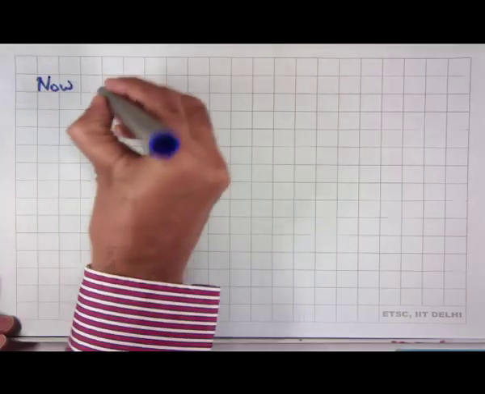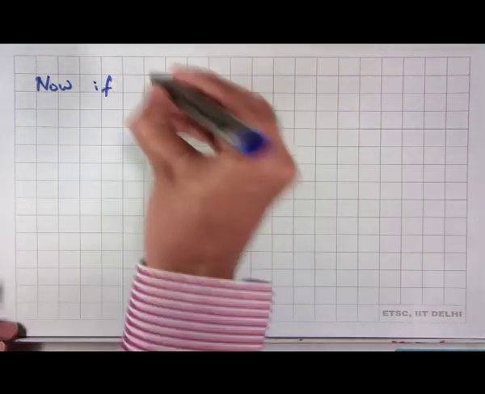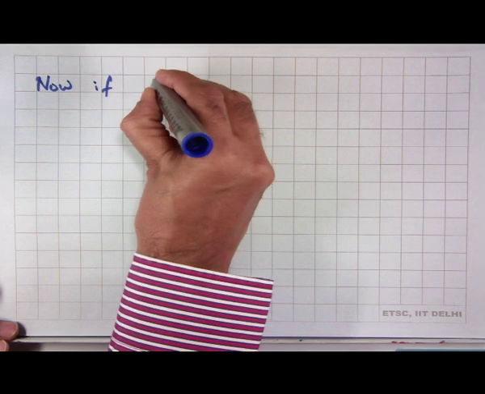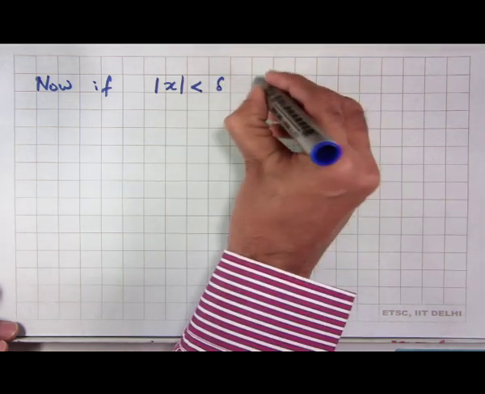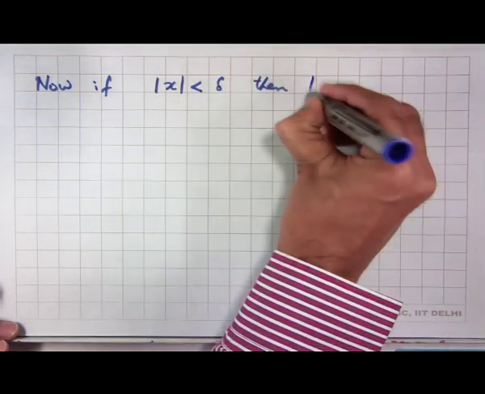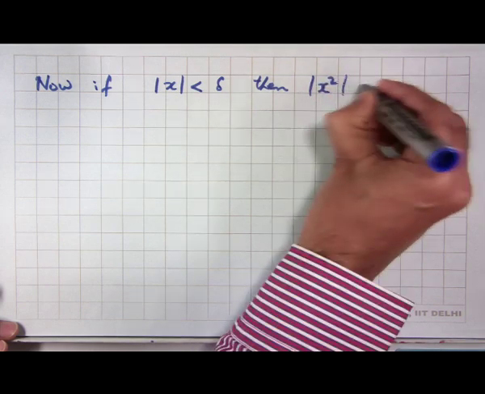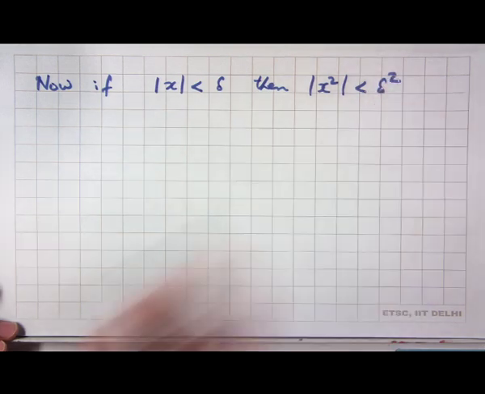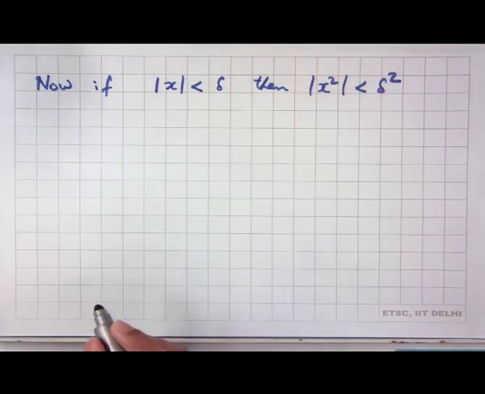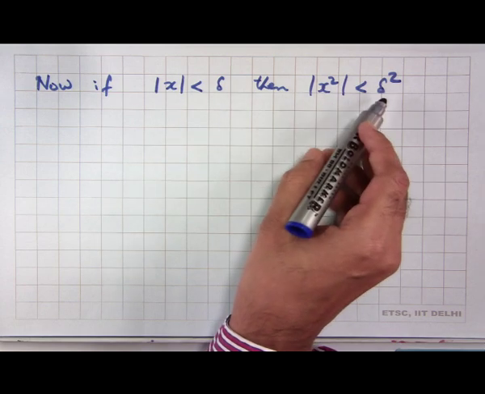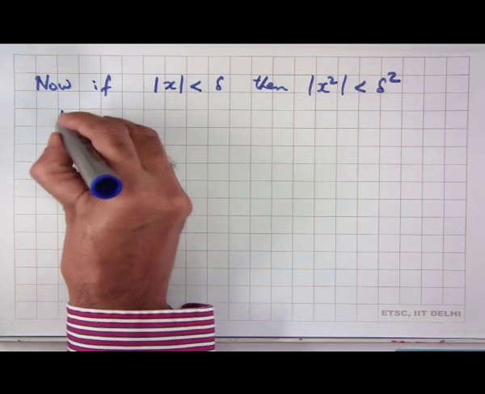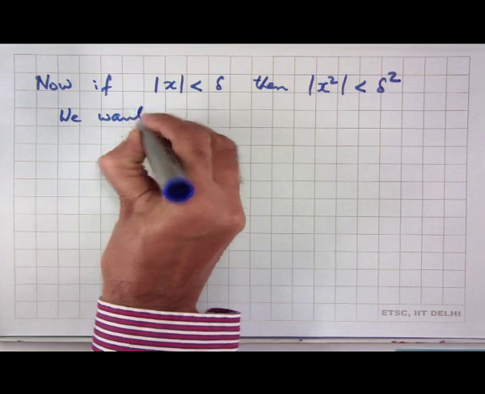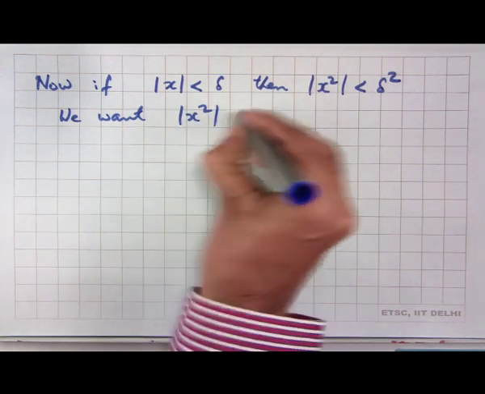Now, we see that if mod of x is less than delta, then mod of x square has to be less than delta square, right. But we want that mod x square should be less than epsilon.